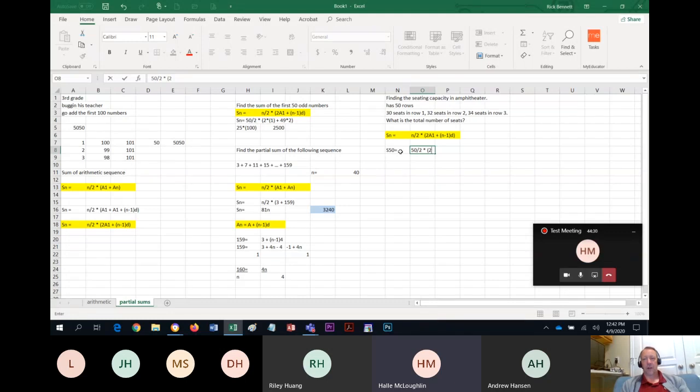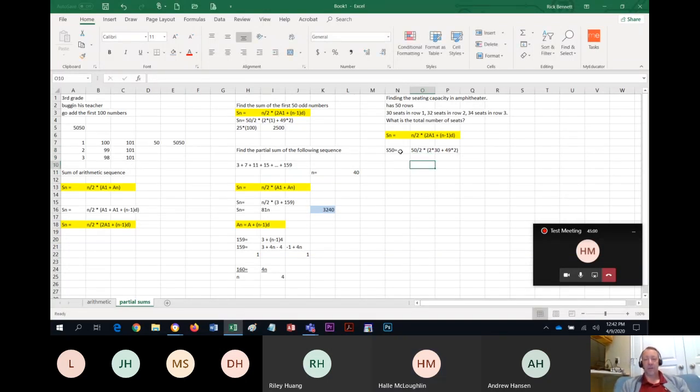When you said 32, you were looking at the wrong row. 34? No, 30. Oh, 30. Sorry, 30. There we go. Yeah, your first row is 30. Okay. Plus, what's n minus 1? Plus 49. 49 times d, which is 2. Perfect. Okay.